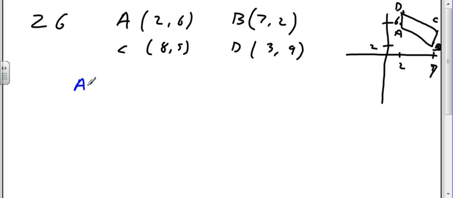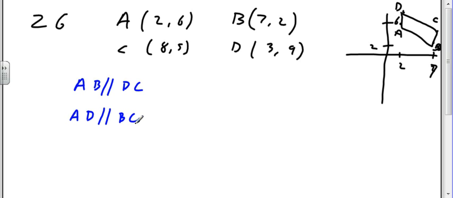So we want to show that AB is parallel to DC, and that AD is parallel to BC. Right, so if we can show that those are parallel, then I think we have a parallelogram.